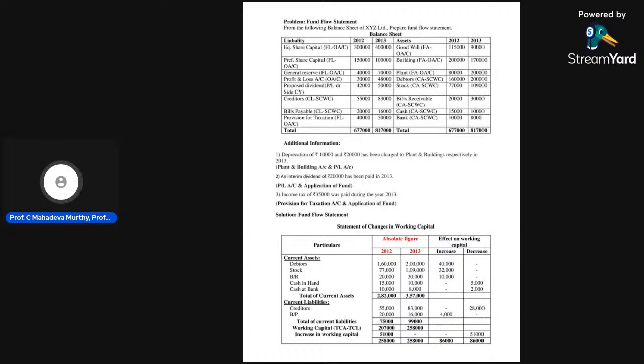All the transactions, entries and information from the liability side, asset side and additional information have twofold effects. In equity share capital, the fund flows appear in the fund flow statement. For your easy understanding, I mention that FL means fund flow statement.